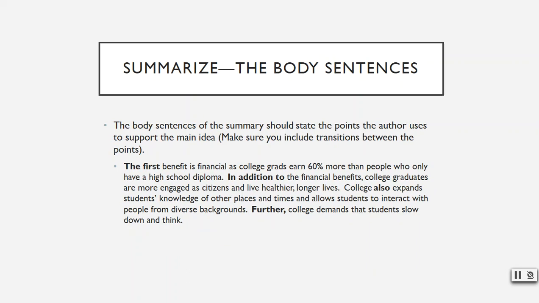Then you're going to summarize. The next step in a summary is writing the body sentences. The body sentences of the summary should state the points the author uses to support the main idea. So remember in your reading, when you highlighted those main supporting points, you highlighted or underlined the main idea, and then you highlighted or underlined the supporting points, the bold headings of an article.